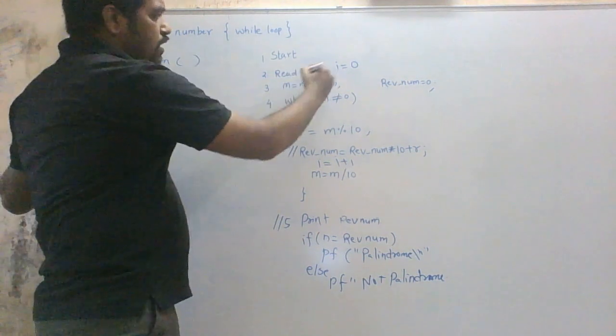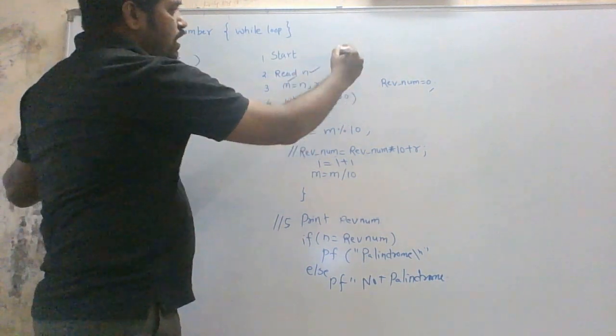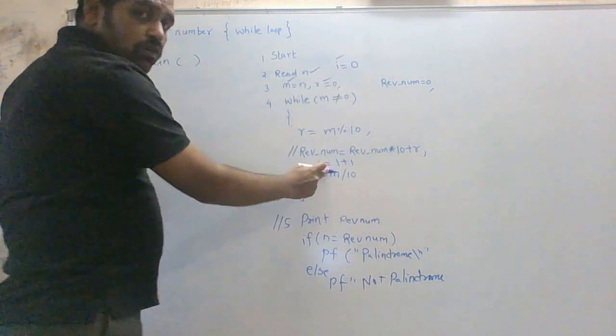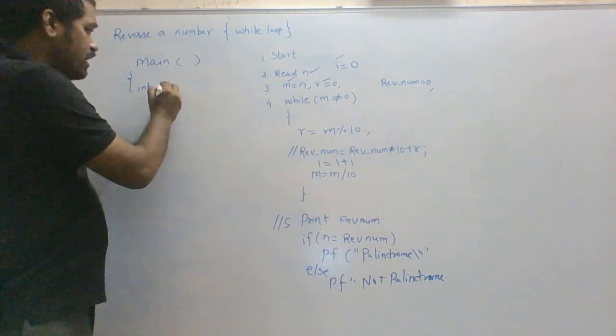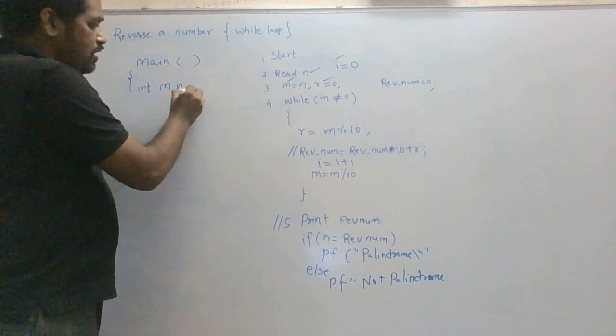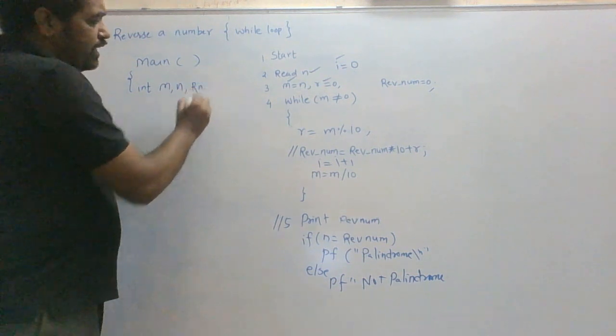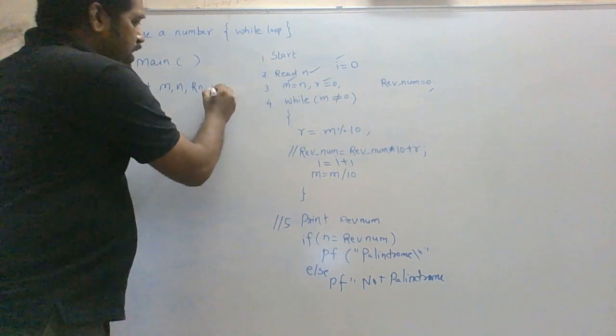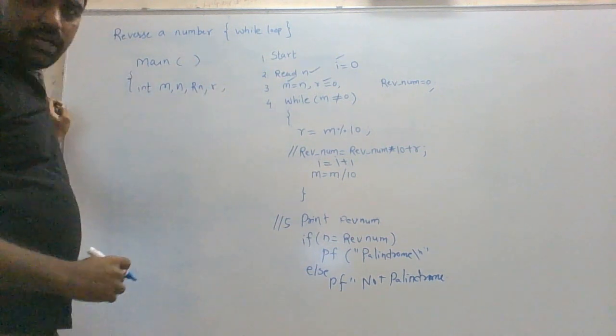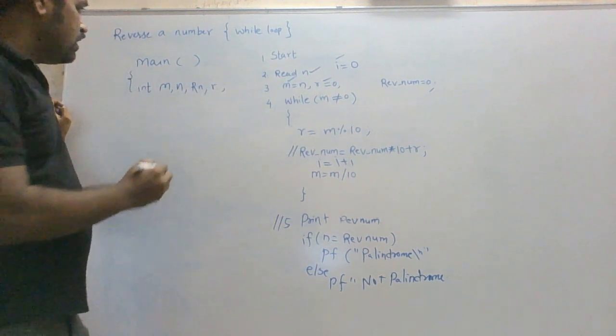So we require n, m, r, and i is required when you want to count the number of digits. Now I don't want to count the number of digits. So what I require is m, n, and the reverse number, which I will take as rn, and we will require the remainder r.